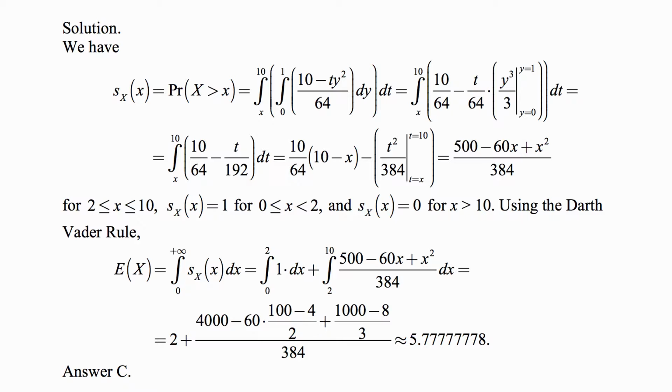If you're not seeing immediately that this is the survivor function, please remember the probability of an event in the two-dimensional case can be calculated by taking the integral of the joint density over the region where that event happens. And X is more than little x when the X values are between x and 10 and Y values are between 0 and 1.